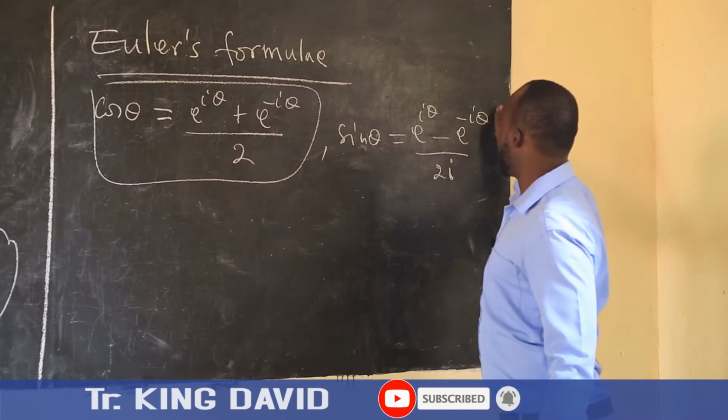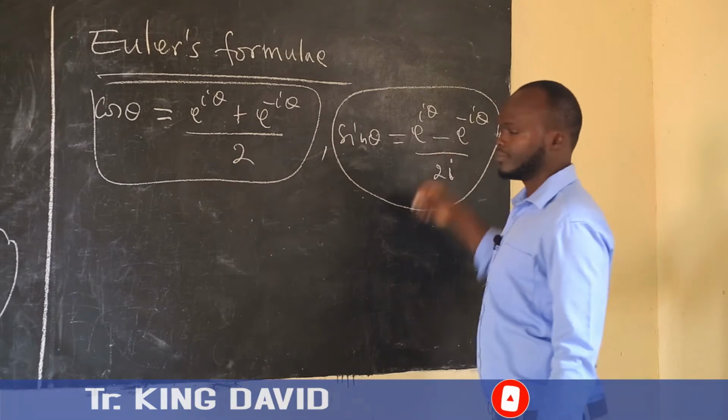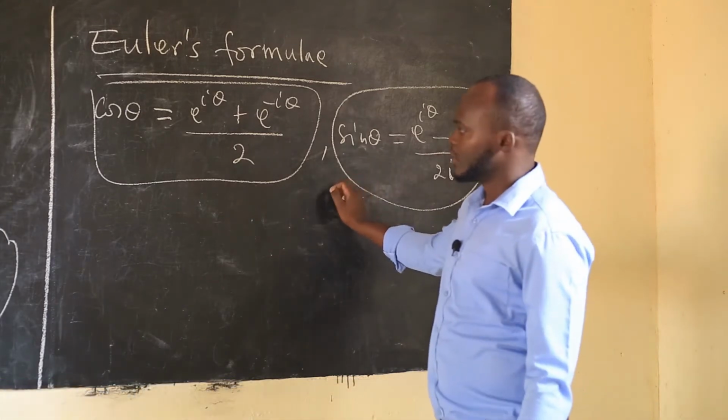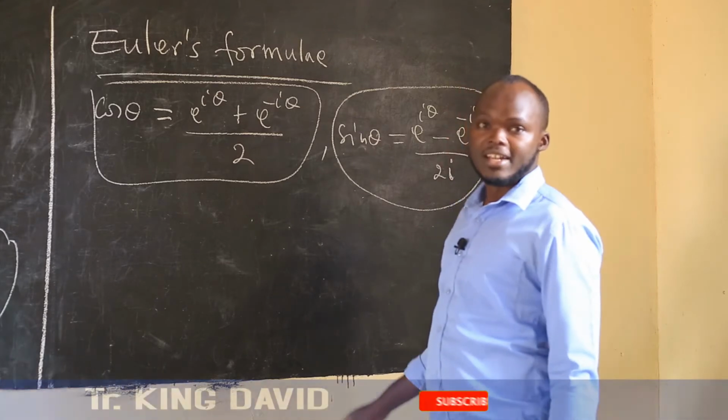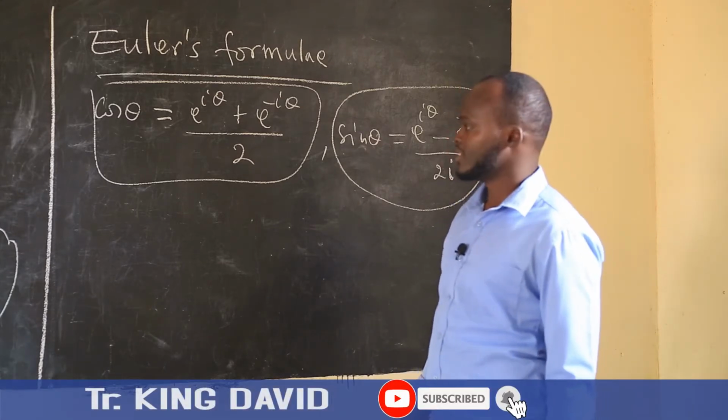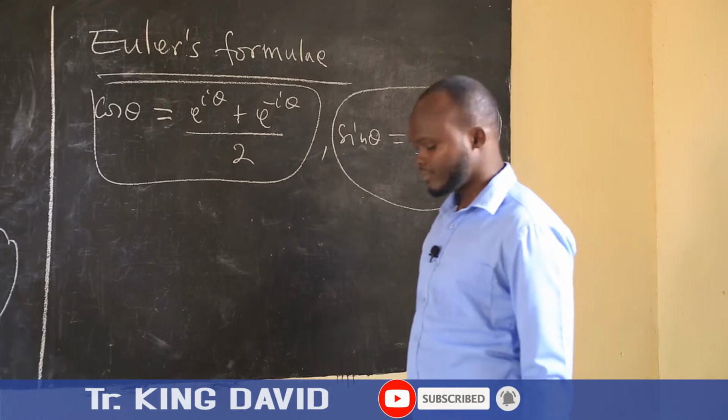Those are Euler's formulas. Where do you use those formulas? We use them when we are doing linearization of a complex number. So we're going to see examples.